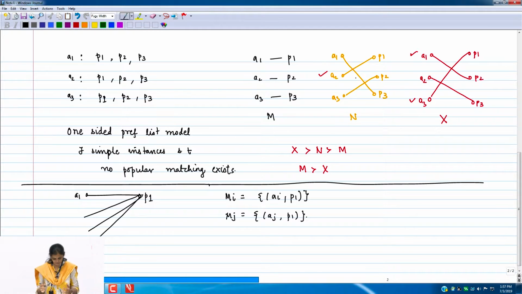And what I want to illustrate is that it has nothing to do with a lot of applicants remaining unmatched versus everybody getting matched, because in the previous example we had all matchings that matched all applicants, yet they were all not popular. Here we have all matchings matching just one applicant, yet all of them are popular, right.